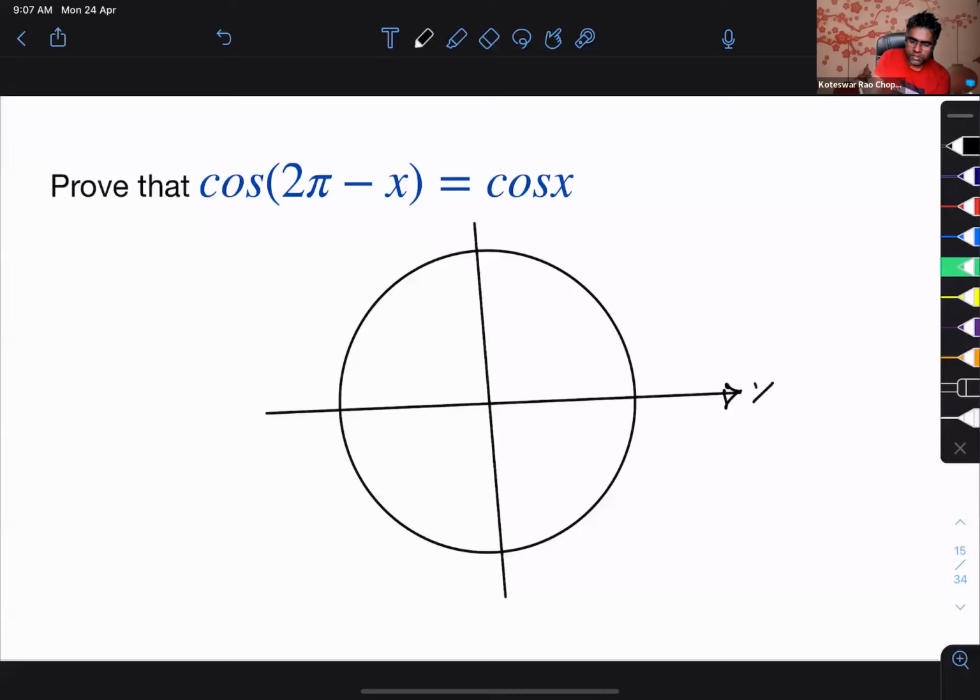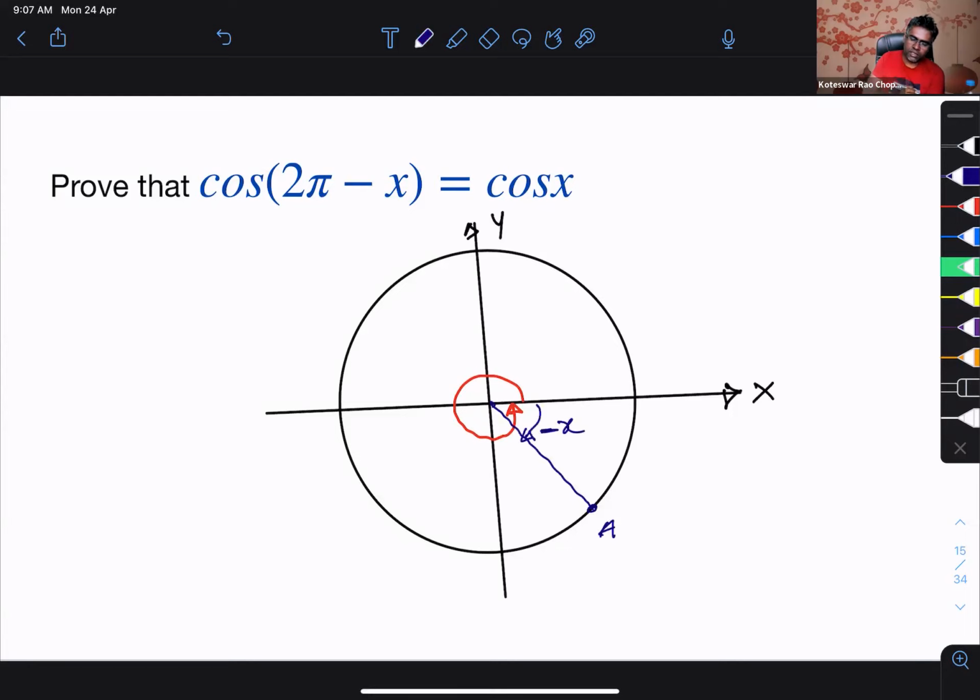So X and then Y. So you're going 2 pi radians. 2 pi radians is like you start from OA and then come back here all the way. So that is your 2 pi radians. And then minus X. If you do minus X, moving in the clockwise direction, so to this point A. So this is your minus x.